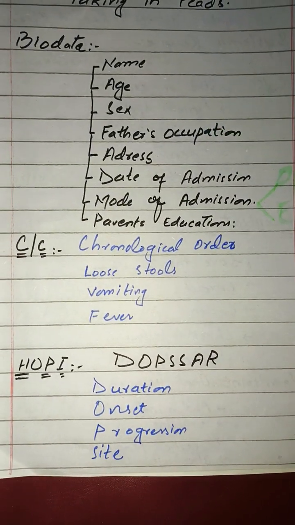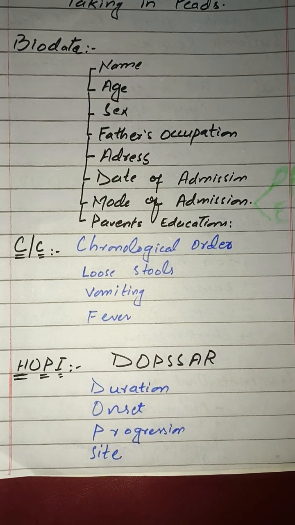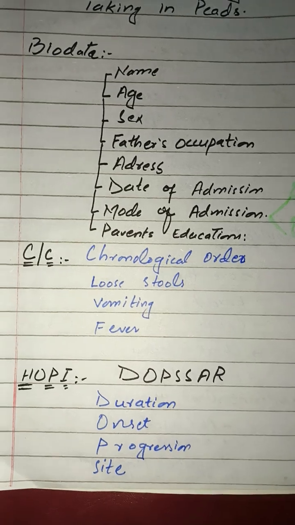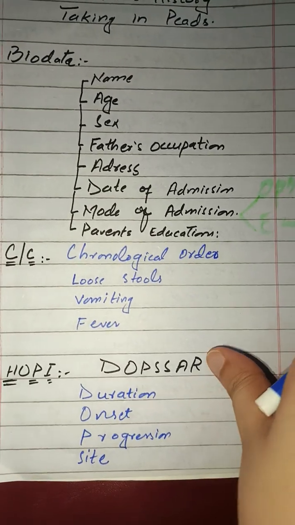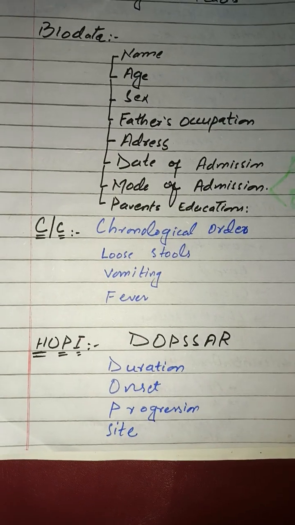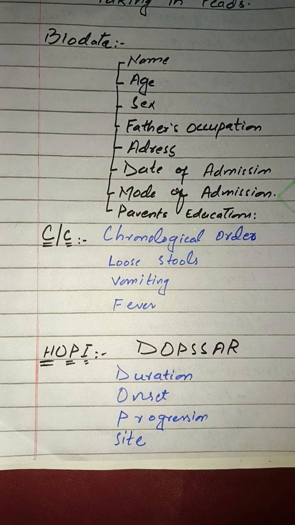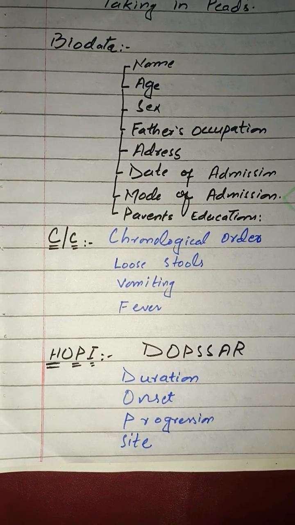Then we will ask the chief complaint from the patient, and we will write our chief complaints in chronological order, in which the complaint of more duration will be written first, and the complaint which is recent and of less duration will be written last.